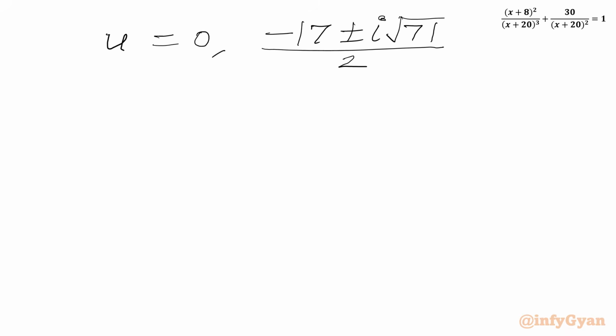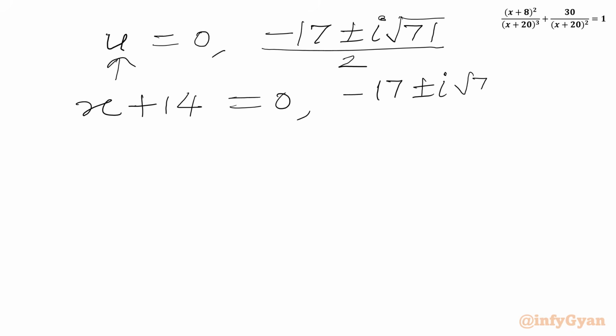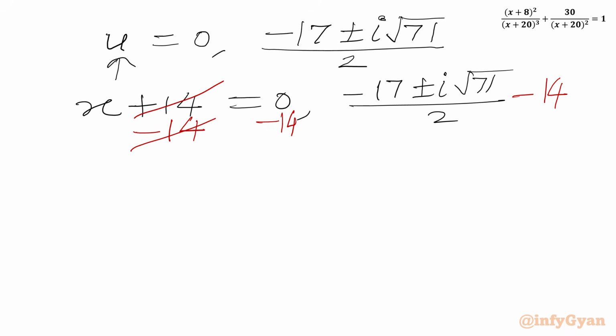Now u was our substitution, x plus 14. So we write x plus 14 equal to 0 and minus 17 plus minus i times square root 71 over 2. Now we subtract 14 from both sides to get our final answers. Plus and minus 14 from the left side cancel.